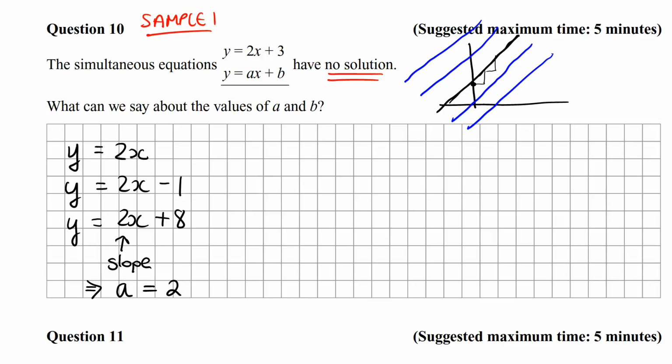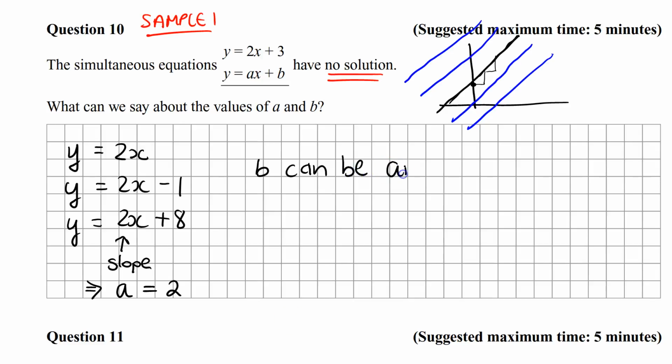So we'll say that B can be any value except B is not equal to 3, because that would be the exact same line. Okay, now that's a tough enough question.